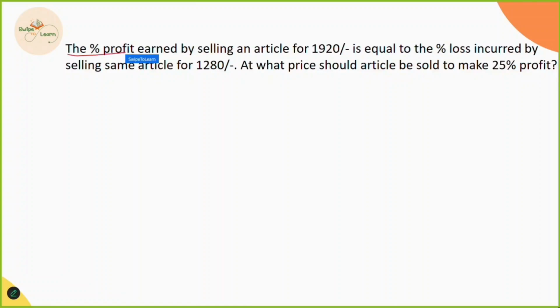The percentage profit earned by selling an article for 1,920 rupees is equal to the loss percent incurred by selling the same article for 1,280 rupees. Okay, he's selling an article for 1,920 with a profit percent, and that profit percent is equal to the loss by selling the same article for 1,280.